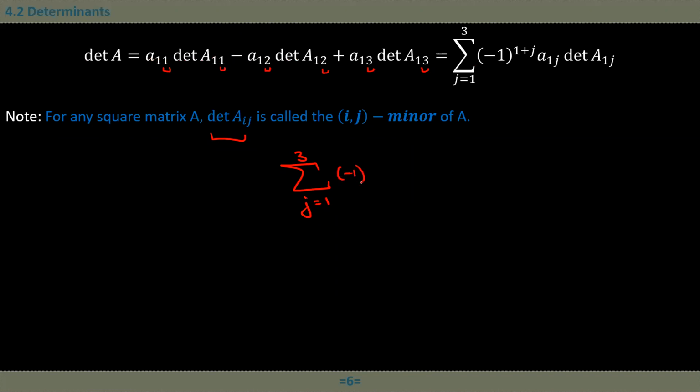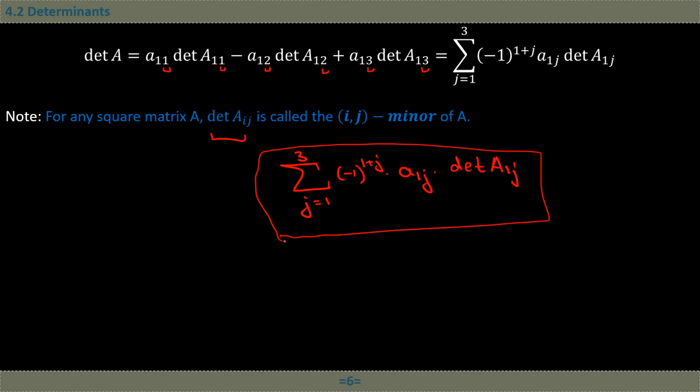So here we have negative 1 to the power 1 plus j times this component A1j, the first subscript is fixed, the second one is changing, so A1j times determinant of A1j. On purpose we are writing this, because when we are talking about a matrix of bigger size, writing in the expanded way is not so practical. So you can express this in a more compact way.